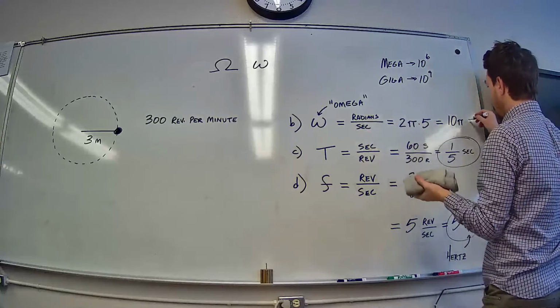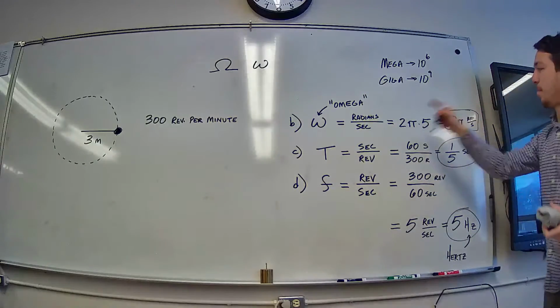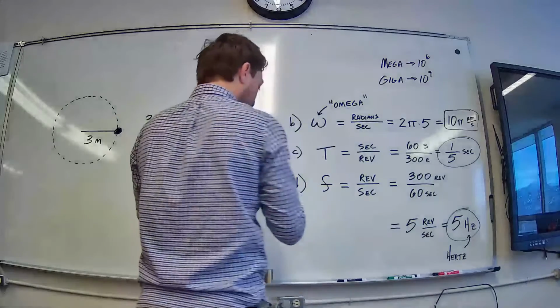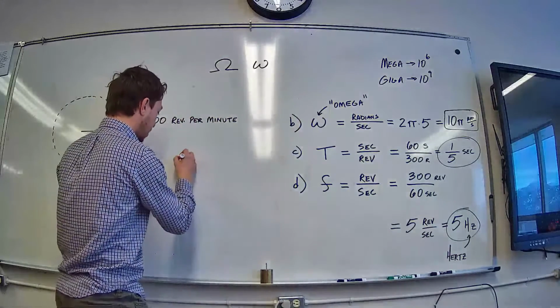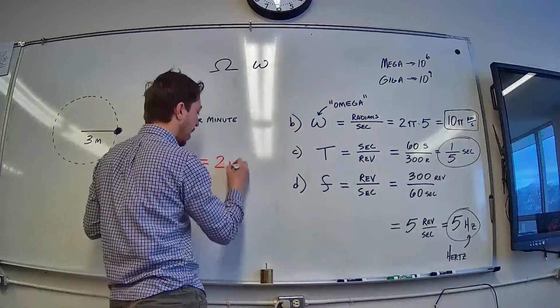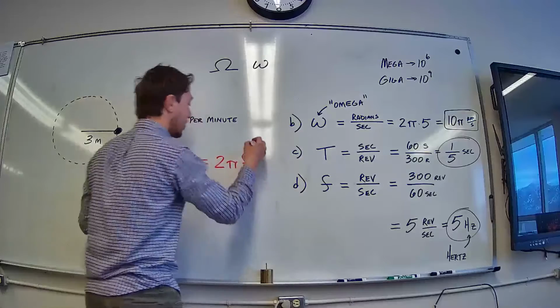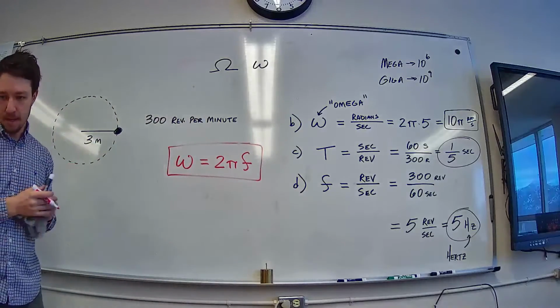The units would just be radians per second. But the big thing I really want to stress here is that we just showed that the angular speed is just 2 pi times the frequency. That's a really good one to know, okay?